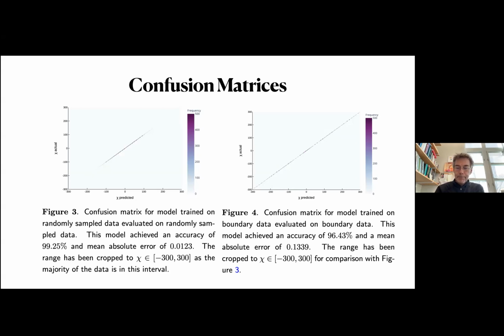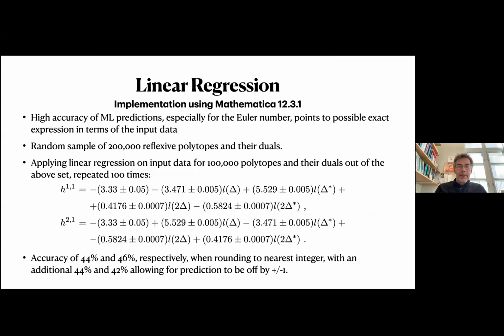The accuracy for the boundary data is not quite as good, but 96% is still quite good. And you can see here that the points essentially congregate along the diagonal, as expected based on how good the accuracy is.